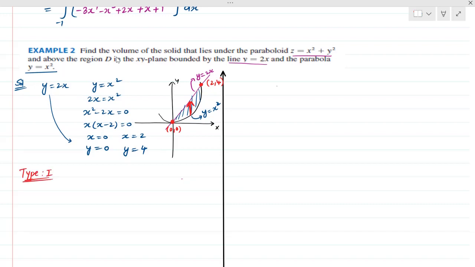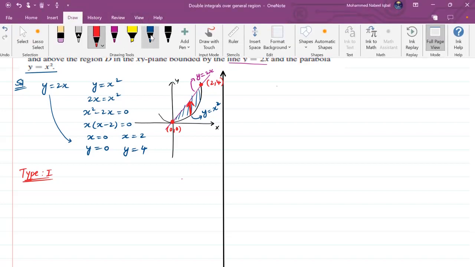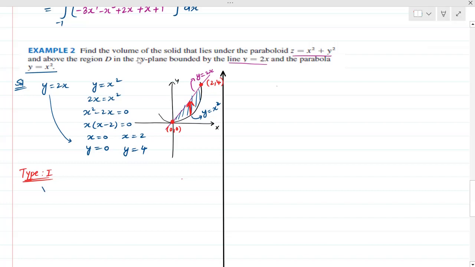So what is the area? Here the volume is given by V equals double integral over D. Here z is a function which is given. If nothing is given, we keep z equal 1. But here z is given as x square plus y square. I have to write it as the function, dA.